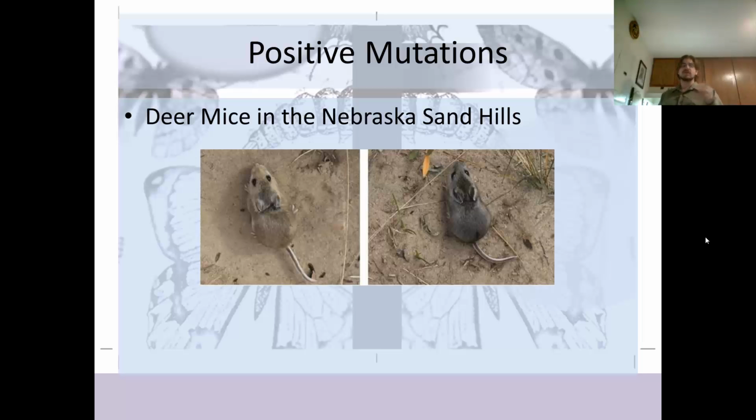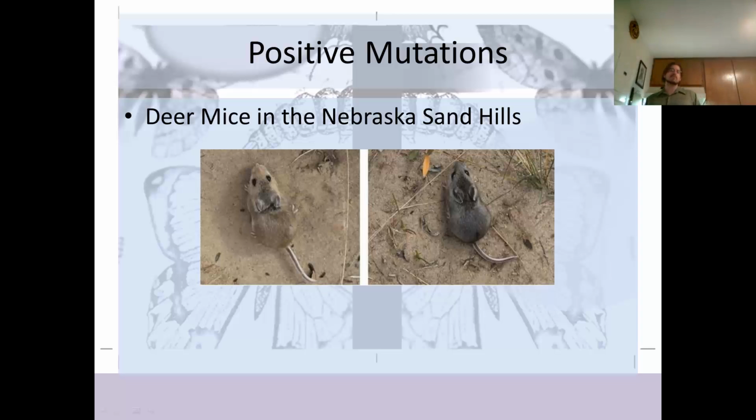So on the left, we have deer mice in the Nebraska sand hills, and on the right, we have normal deer mice. And you can see how these sand hills deer mice are much better camouflaged in their environment than the ancestral deer mice here with the dark coat colors. So that's mutation providing a new trait. Even though it took 9 mutations in 8,000 years, we still see a new trait.